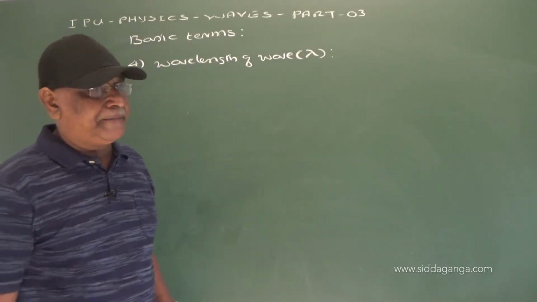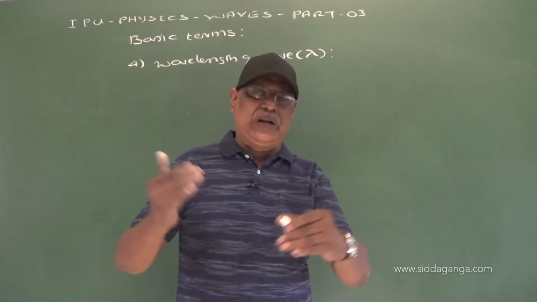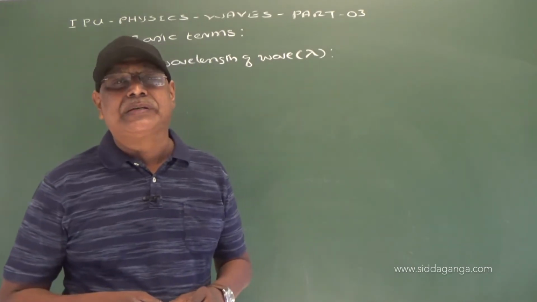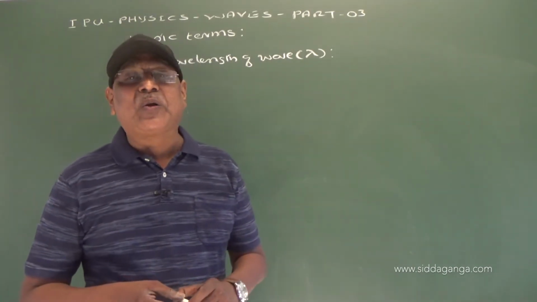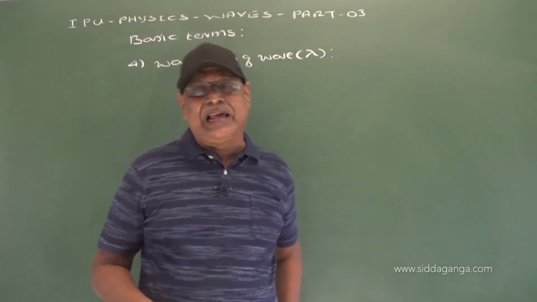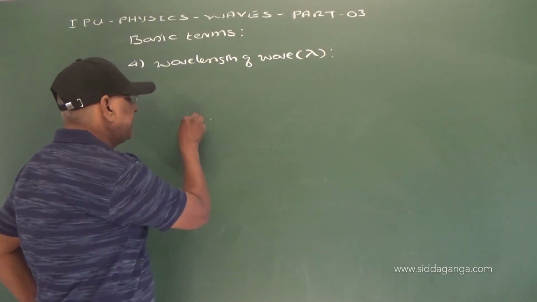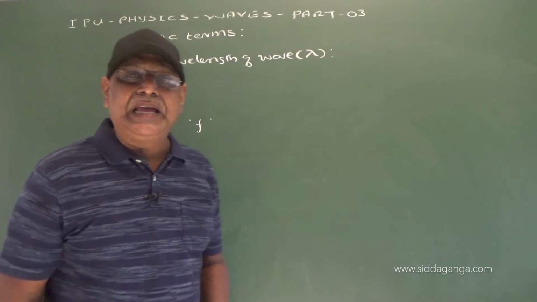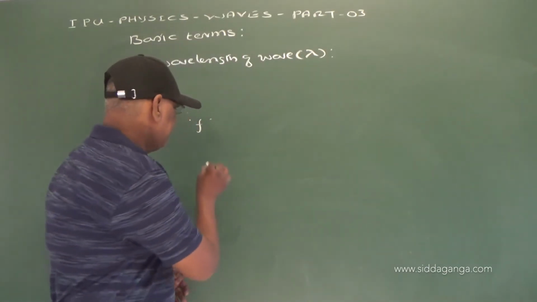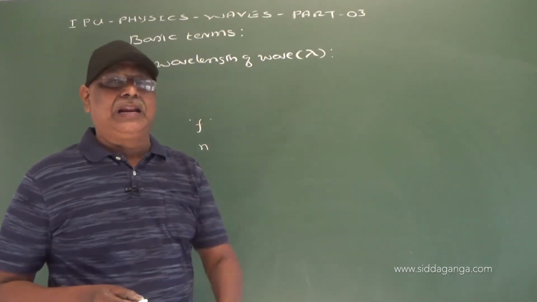And one more thing, in general, we have two types of waves in our day-to-day life: mechanical waves and electromagnetic waves. When we are dealing with mechanical waves, frequency of wave is generally represented by the symbol f. Sometimes it is also represented by the symbol small n, that is for mechanical wave.